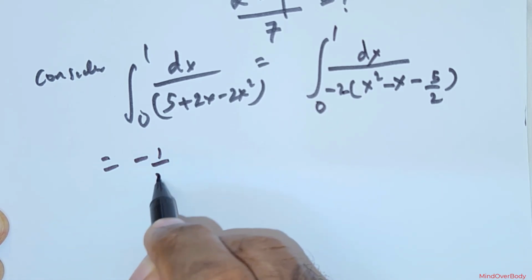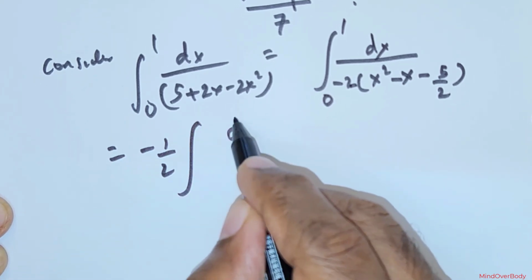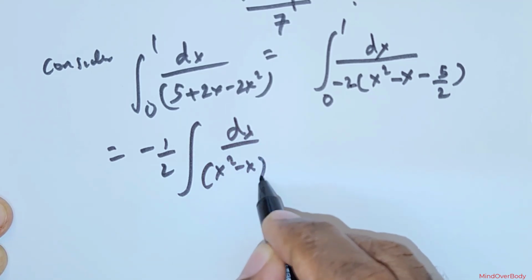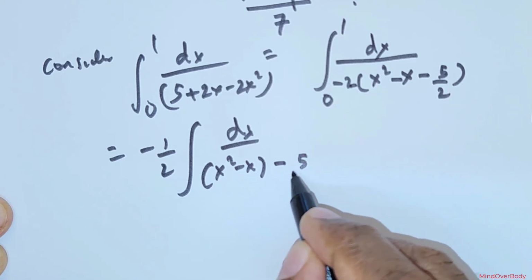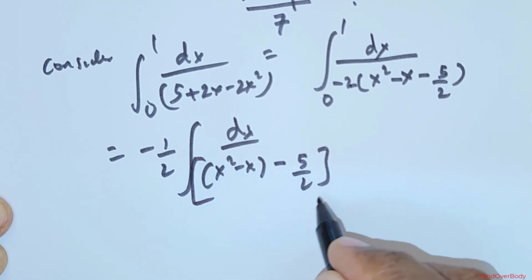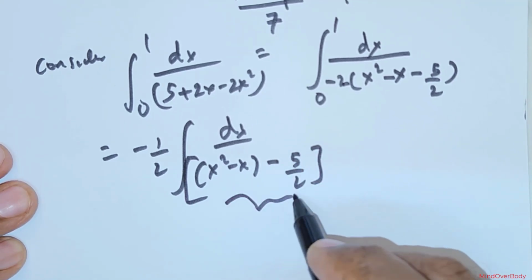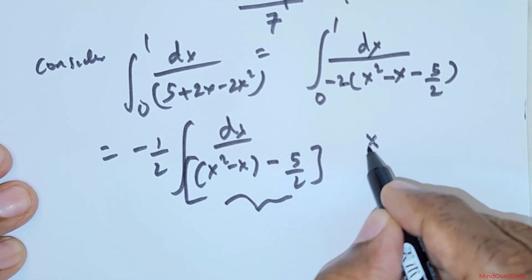Now I can rewrite this as -1/2 integral dx over x² - x - 5/2. I want to rewrite this entire quantity as a perfect square.